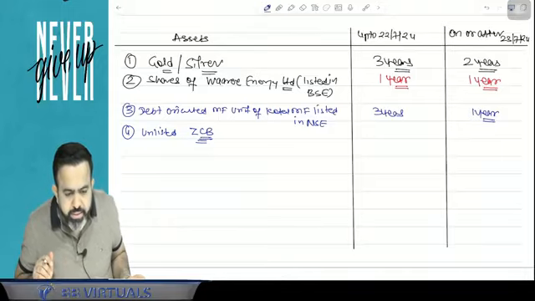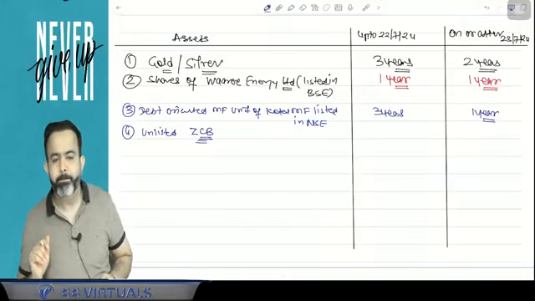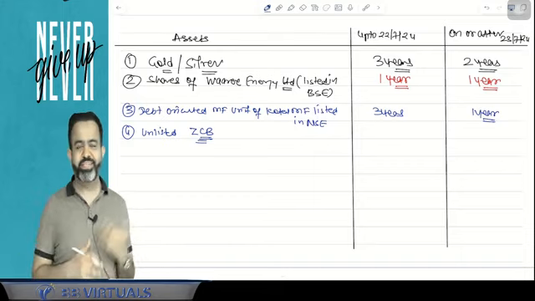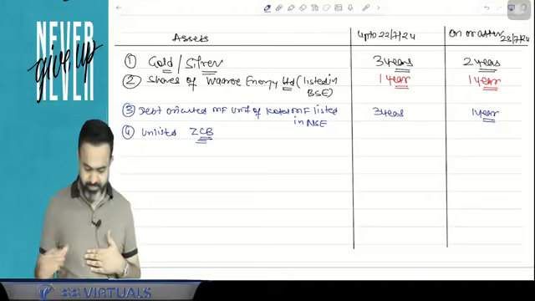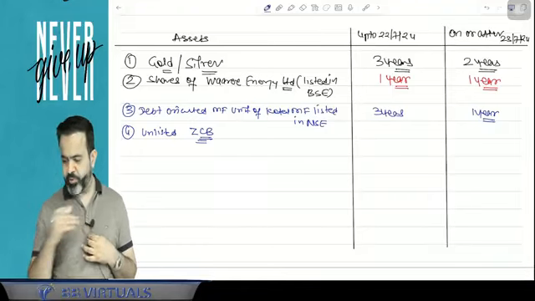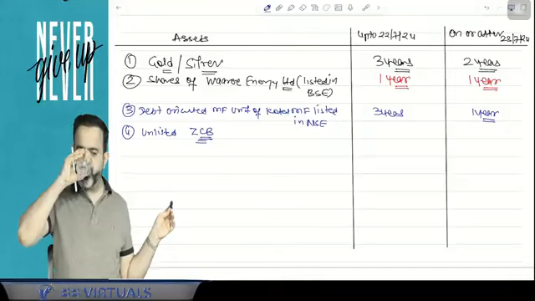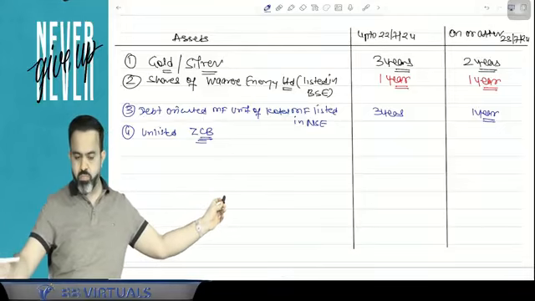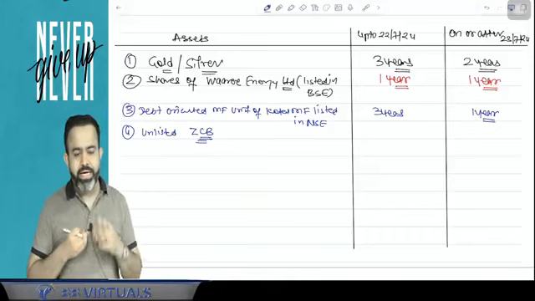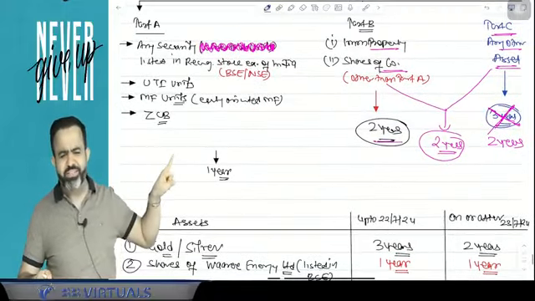Tell me, unlisted zero coupon bonds. 1 year, 2 years, or... so guys, unlisted zero coupon bonds.